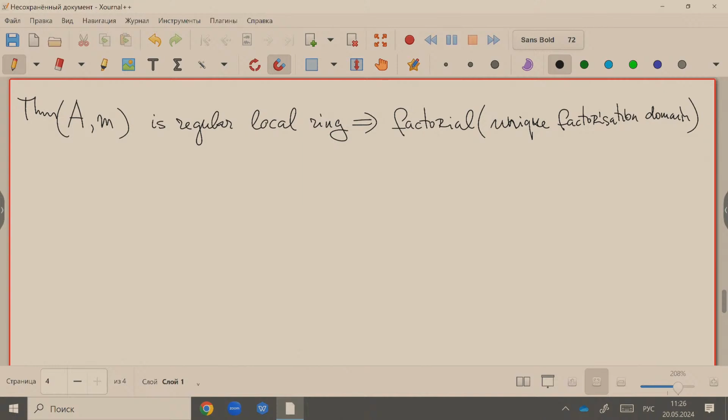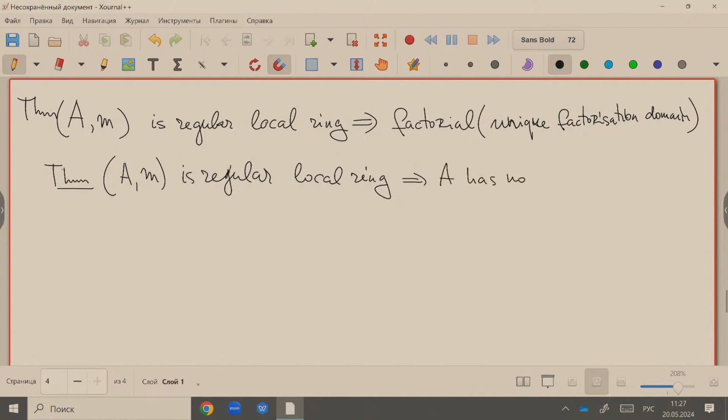Yeah, so this theorem about factoriality is quite complicated, and so we shall discuss just the following theorem: if A_M is a regular local ring, then A has no zero divisors.